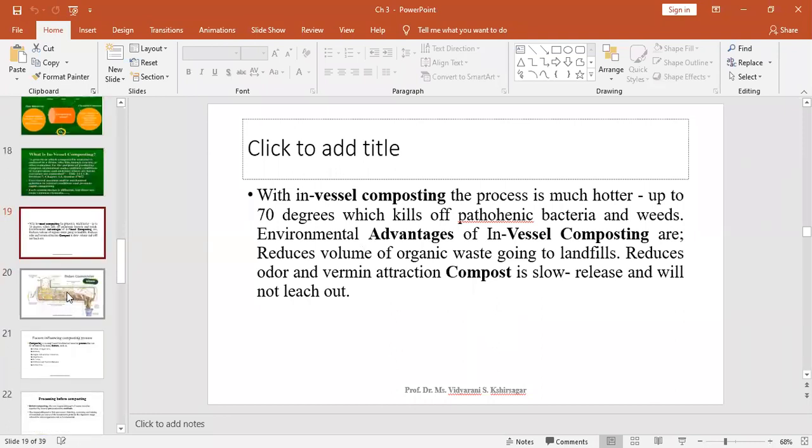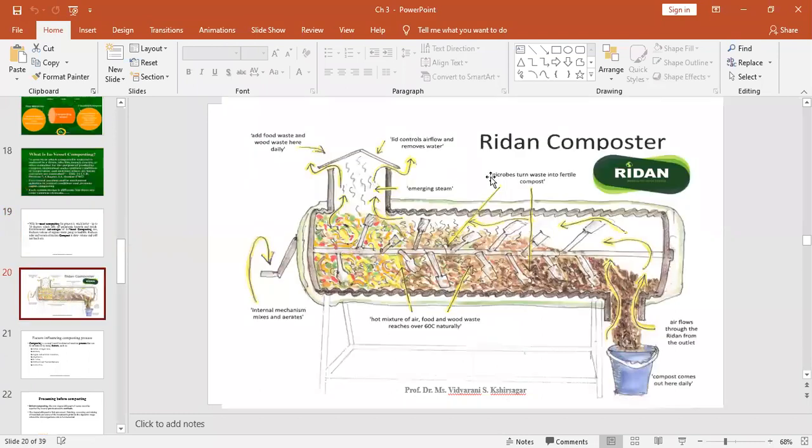For further understanding, I have shown the figure here. You can see the figure. This is a vessel, and this is the rotator for the mixing purpose. Manually you can mix the organic compound here. This is a roof. You can open it and add the material for the decomposition purpose.